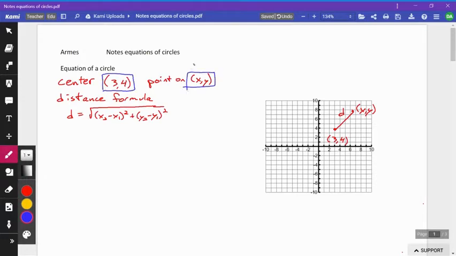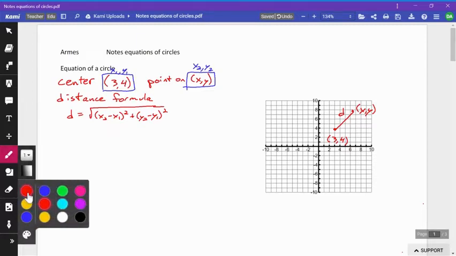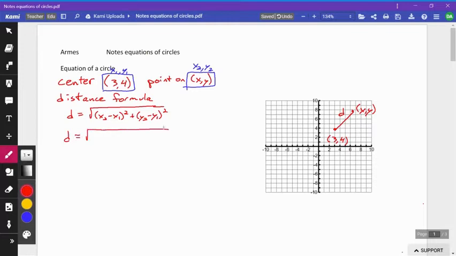I'm going to say this is x2, y2. This will be the point x1, y1. Now I get this. Distance equals the square root of x minus 3 squared plus y minus 4 squared.